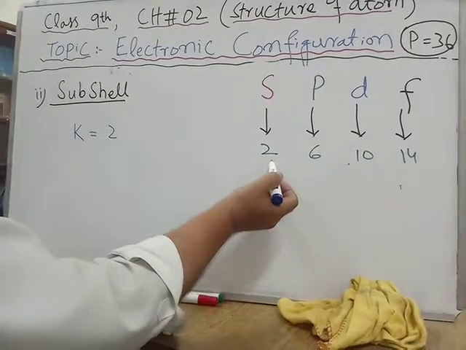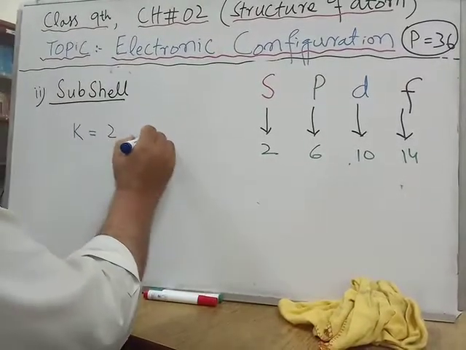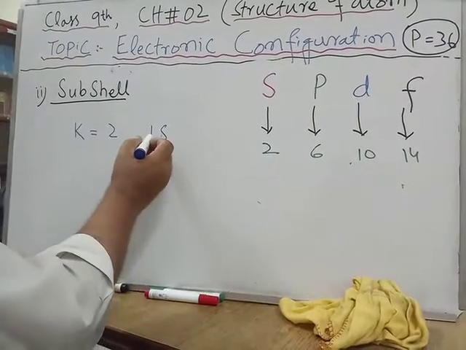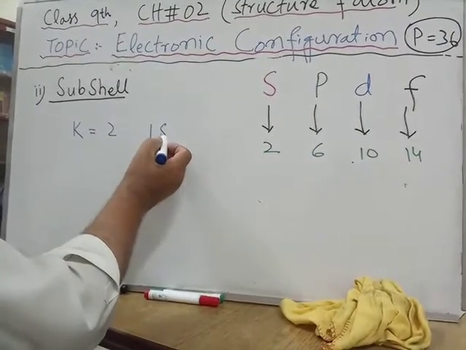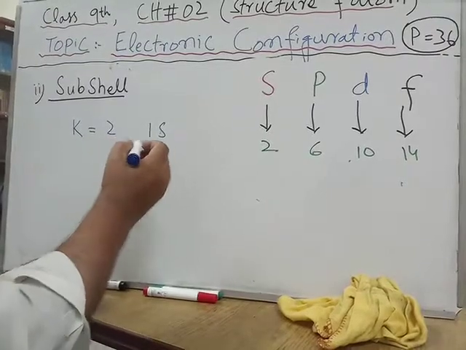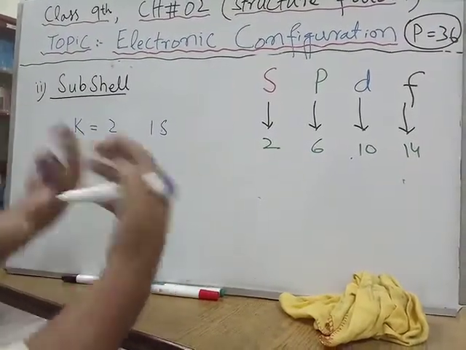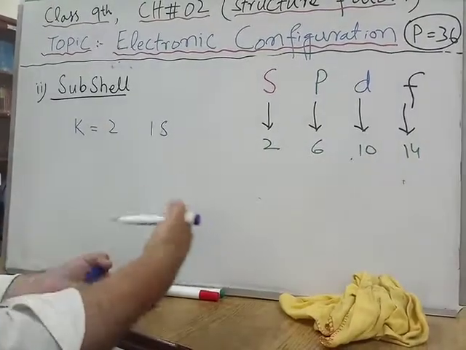S. So it will just have one S, one for the first shell, S for the subshell, and the number of electrons are the passengers you are going to accommodate in that house.